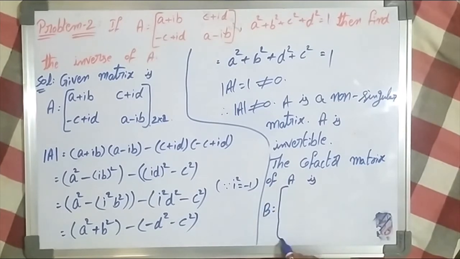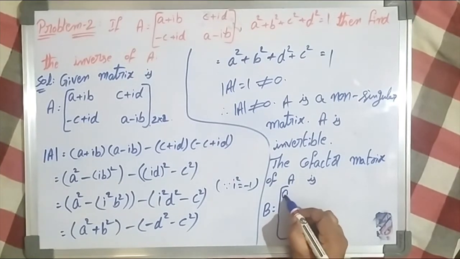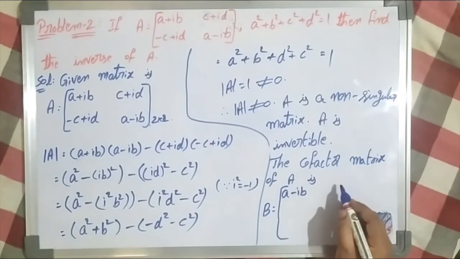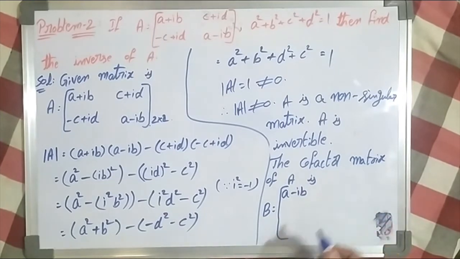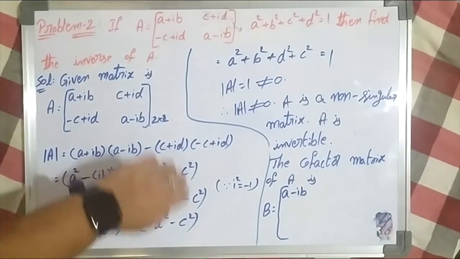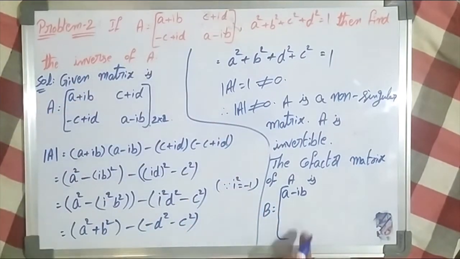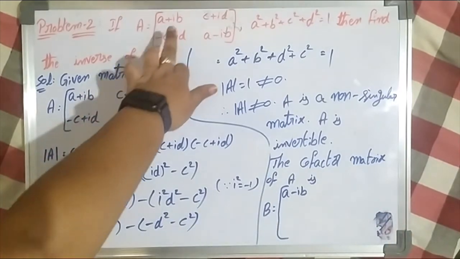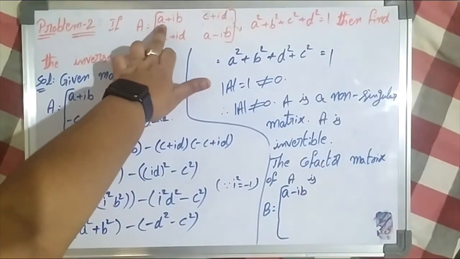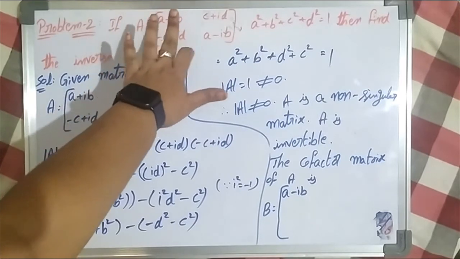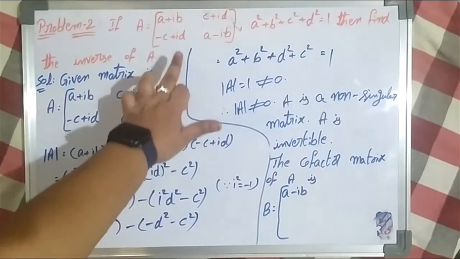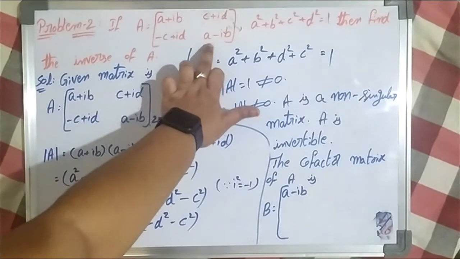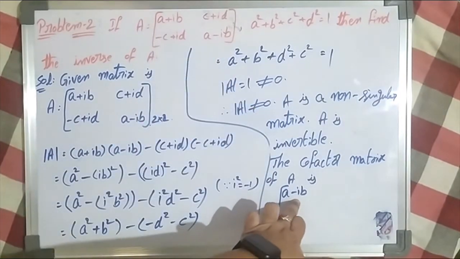B equal to, let it be B. The cofactor matrix of the given matrix A is B. Cofactor is minus 1 whole power i plus j into the minor of the first element. Then minus 1 whole power 1 plus 1, that is 2, minus 1 whole square, that value is positive. Then the minor of a plus ib is a minus ib. We have to write directly.